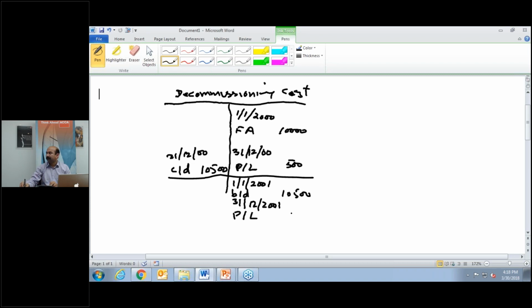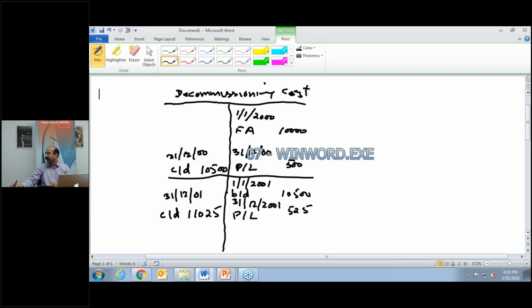So 525. This will give you the closing balance at 31st December 2001. Closing balance will become 11,025.